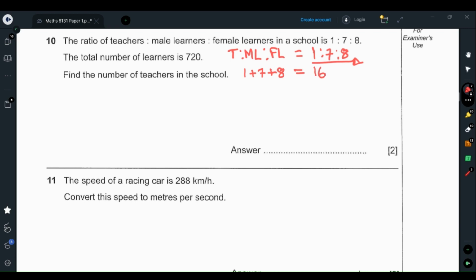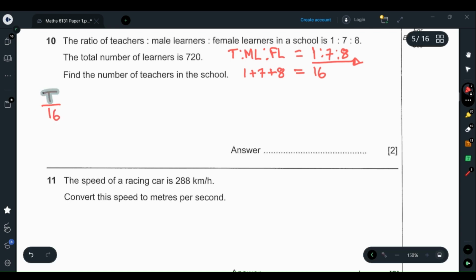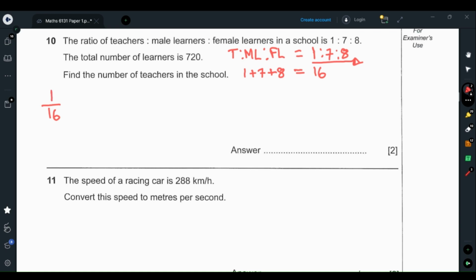So if I'm to find the number of teachers in the school, the number of teachers would be teachers over total ratio, which is 16. But I know that the ratio of teachers is 1, so 1 over 16 times the total number of people, x.